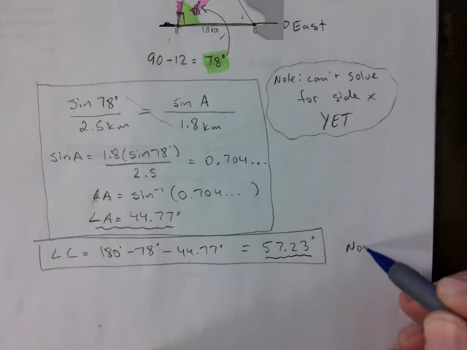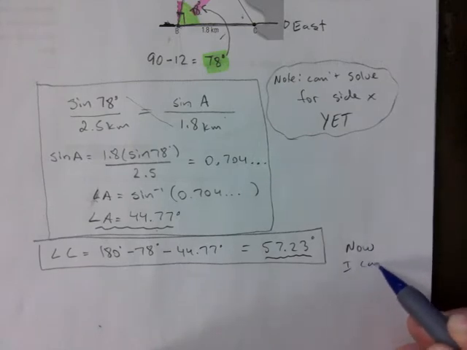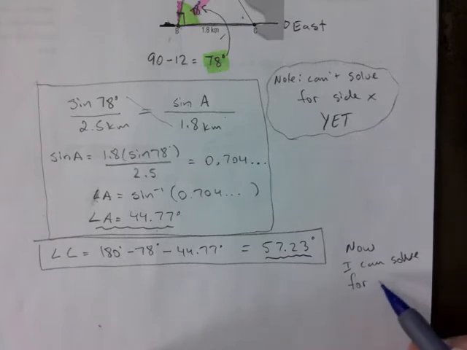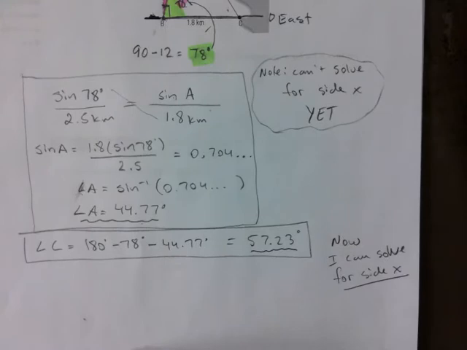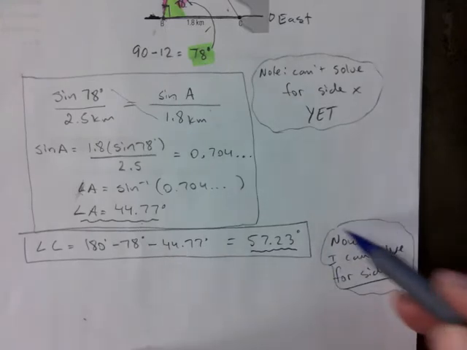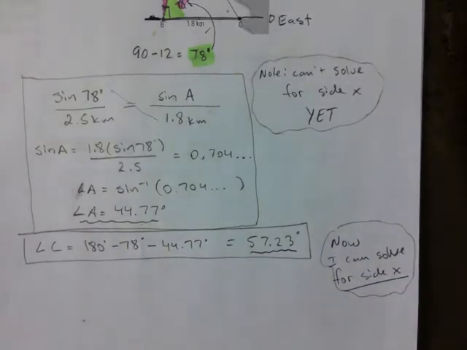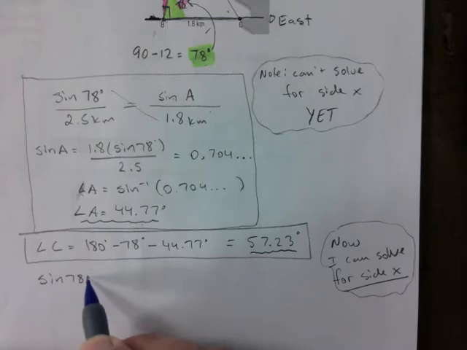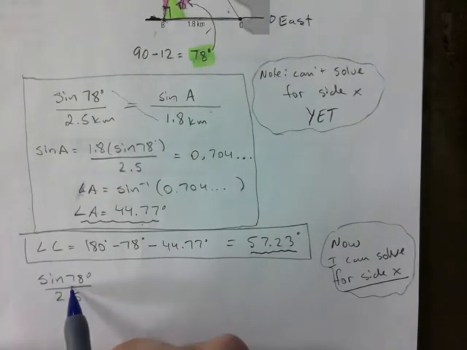Now I can solve for side X, right? And I would encourage you, we're talking the same triangle, so just use that pair that you had at the very beginning, right? This one, I'll be using it again.